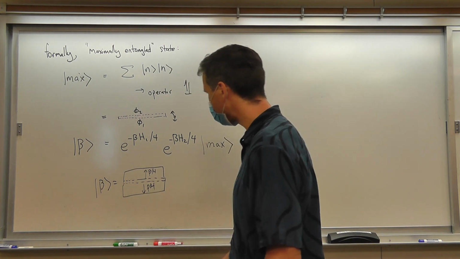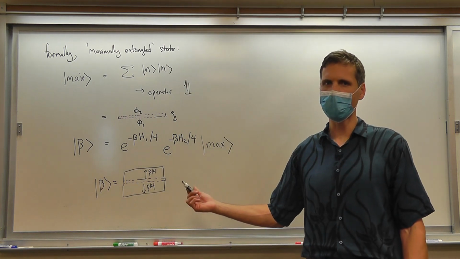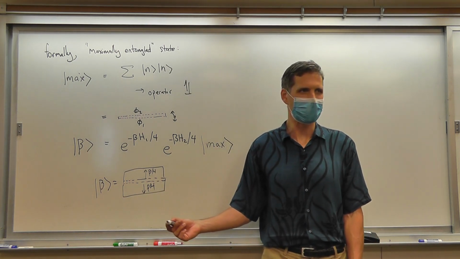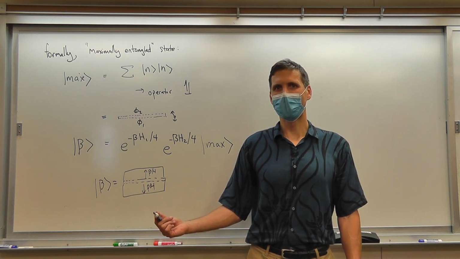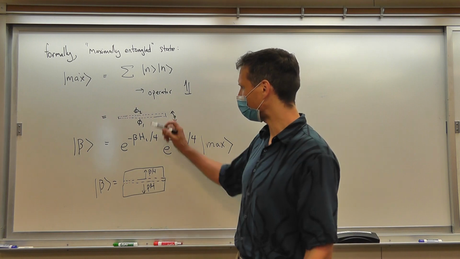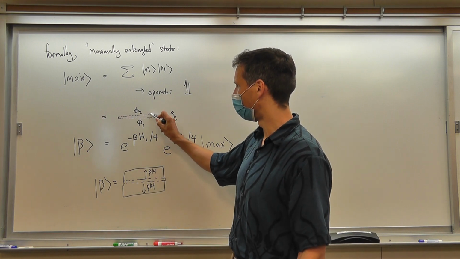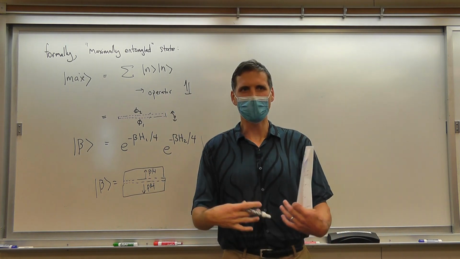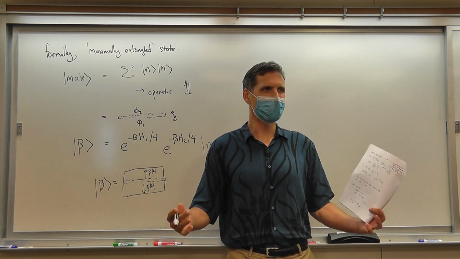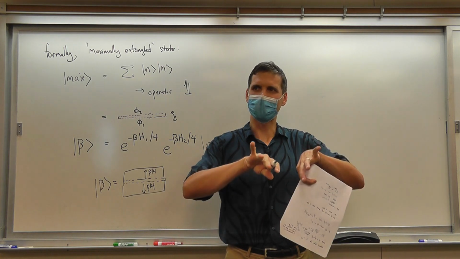Okay, good. So I just like to think about the thermofield double this way. It gives you some intuition for what this state is like. If you take infinite temperature, this is a state where everything is perfectly correlated between top and bottom. When you evolve in Euclidean time, what that does is it kind of spreads stuff out.